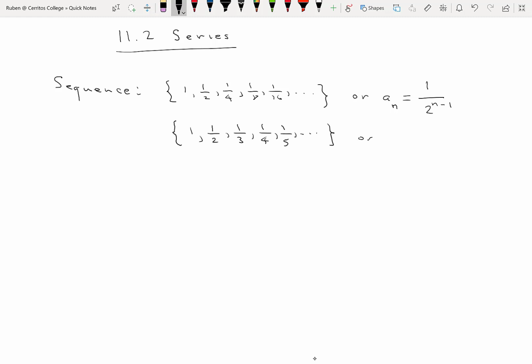We could designate this sequence by stating its general term, using the same letter a, or b or c. a sub n would be 1 over n. If n was the first order, it would be 1 over 1 pizza. Second order, 1 over 2. Third order, 1 over 3, etc.